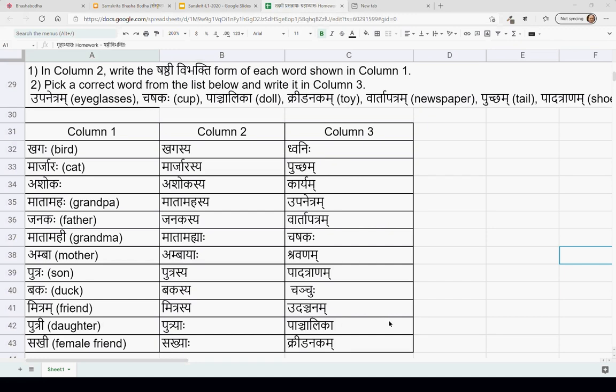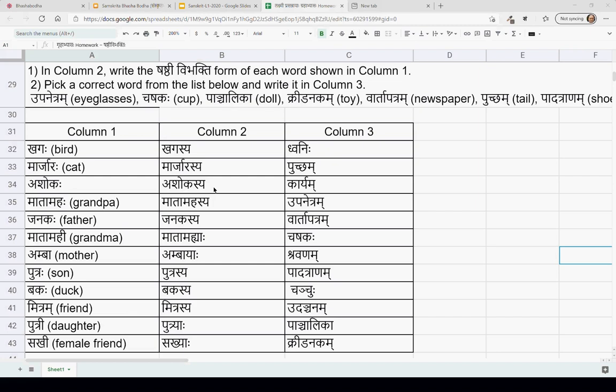Panchalika is the Akaranta, like Rama, Lata, those words. Akaranta Strilinga Shabda. And these like Putri, Dirgha Ikaranta, most of you have written correctly in the ones I received.